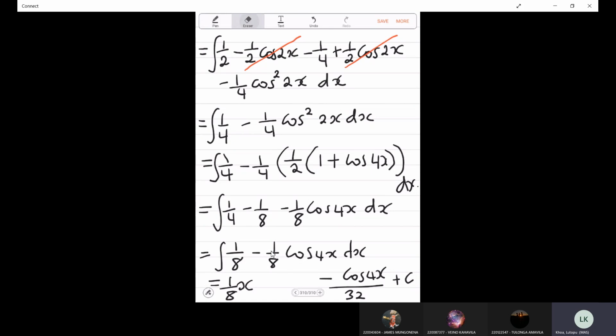Sine. Okay, if we were to differentiate that, we would get cos 4x times 4, and then 4 over 32 is minus 8.